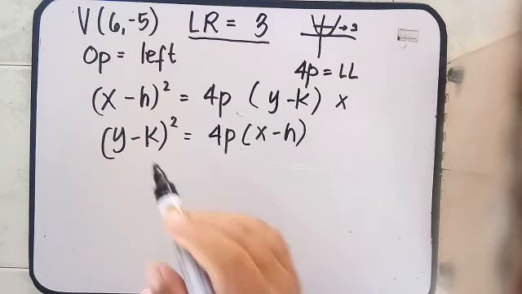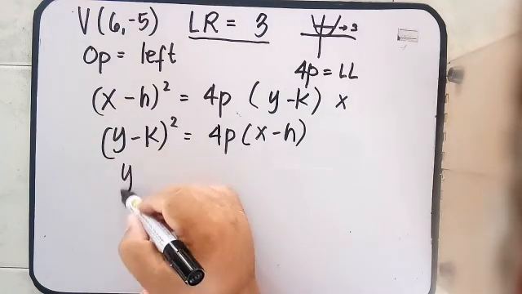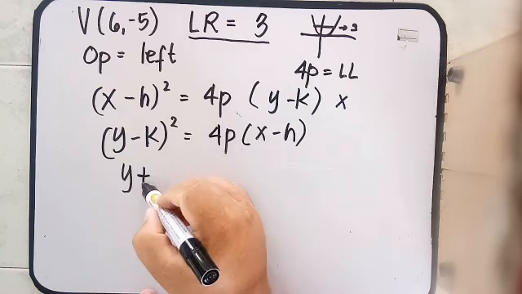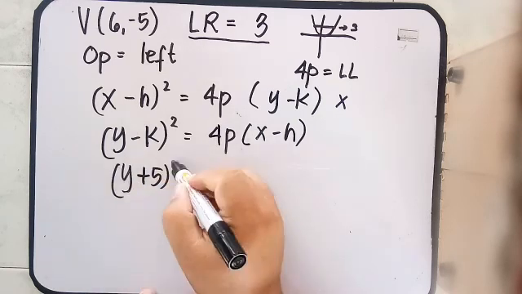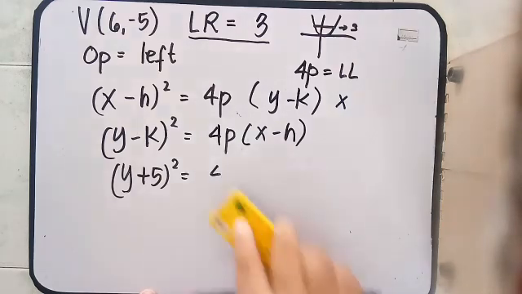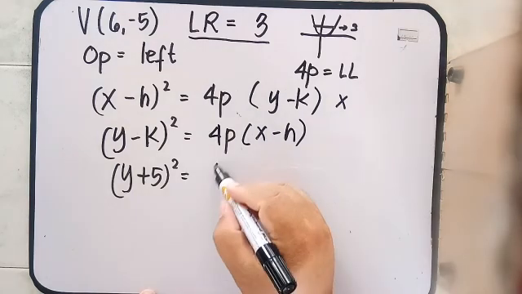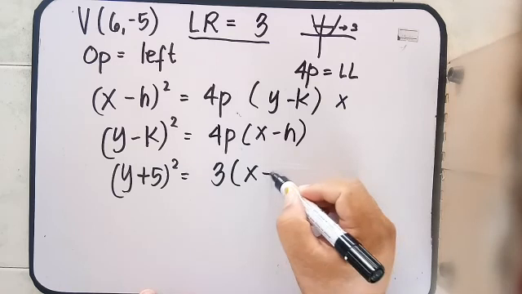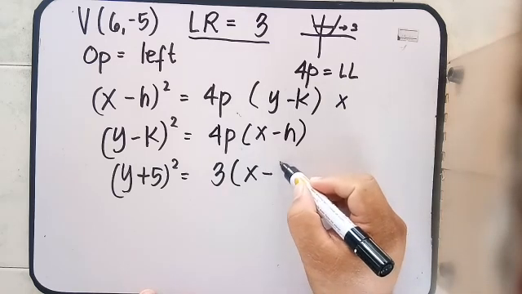So then we write down the equation: y minus, since k is negative 5, it becomes plus 5 here, square is equal to 4p. Now the latus rectum is 3, so this 4p is 3, because that is your latus rectum, and this is (x minus 6).